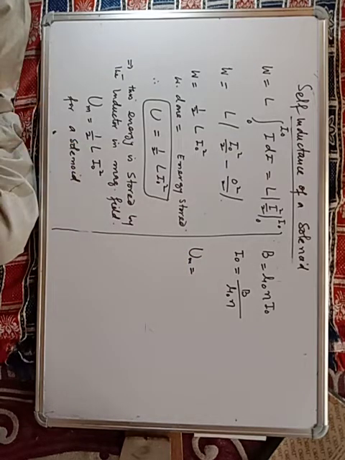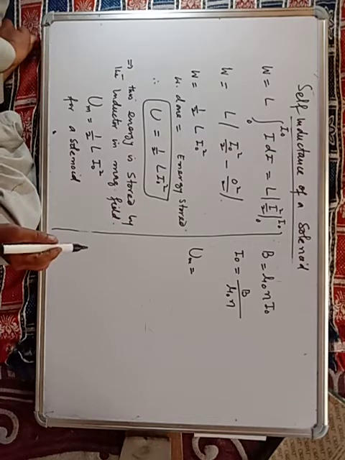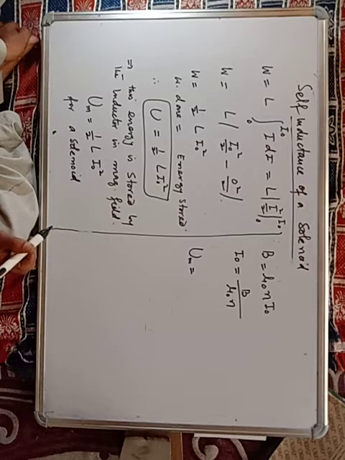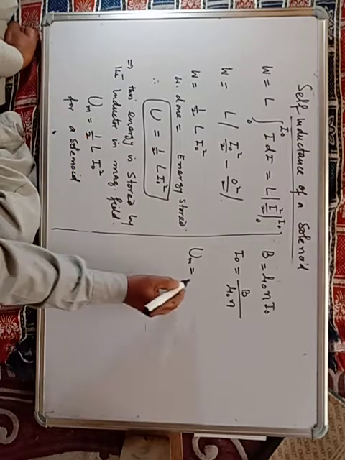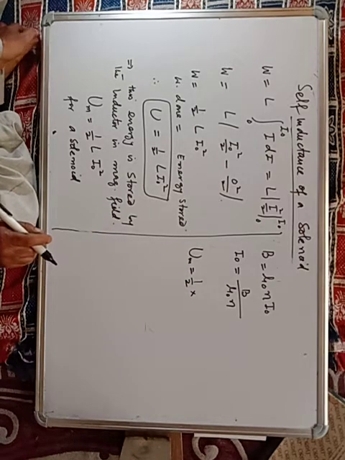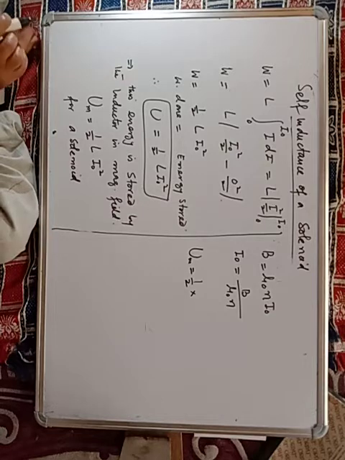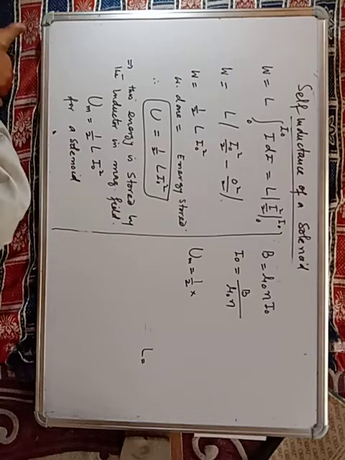L का भी आप वैल्यू जानते हो, L किसके बराबर है, mu naught N square A divided by L. So we can write here, this is 1/2 of L के बदले में डाल देंगे हम, L के लिए आपके पास रिलेशन है जो इससे पहले हमने डिराइव की है.